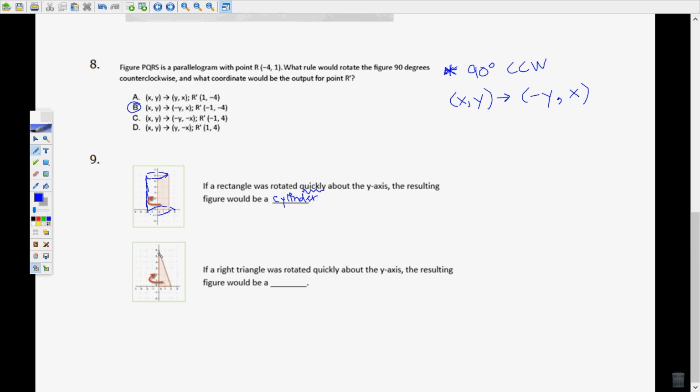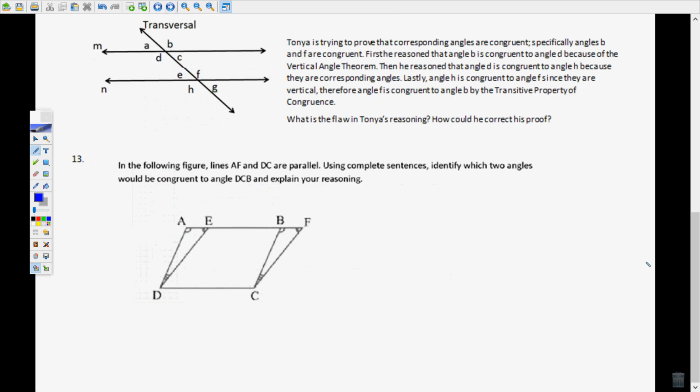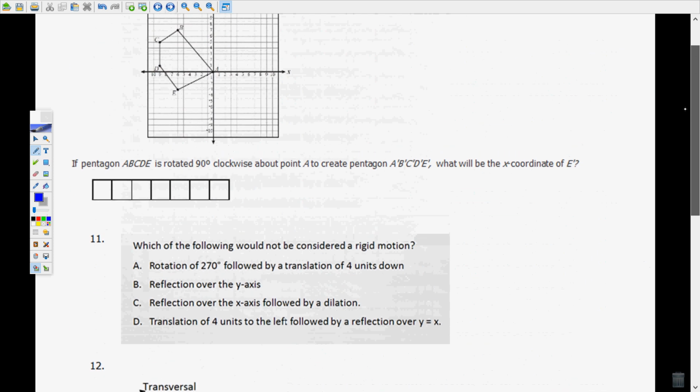If you were to rotate this triangle around a pencil, you would get a cone. And in class, I can show you that if it doesn't make sense by just looking at the answer.